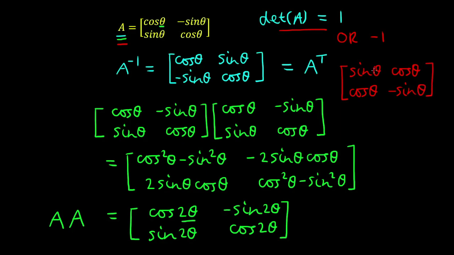And you can easily verify that this matrix is orthogonal, but the determinant in this case is minus sine squared theta minus cosine squared theta, which gives a determinant of minus 1.